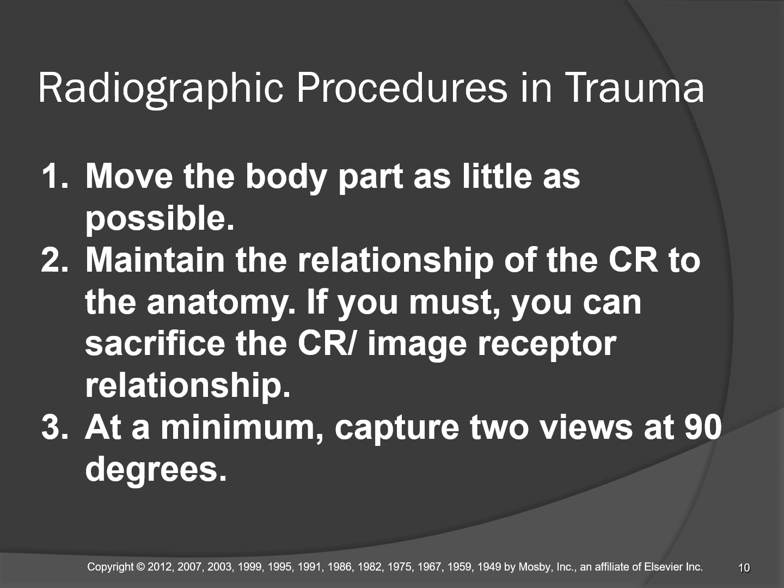And then you're maintaining the relationship of the central ray to the proximal forearm during that part of the exposure. So the relationship is maintained. It's just you're doing it in two different pieces. Okay?